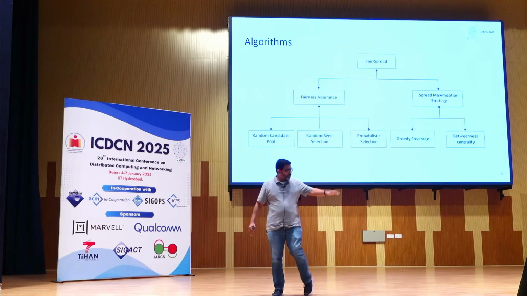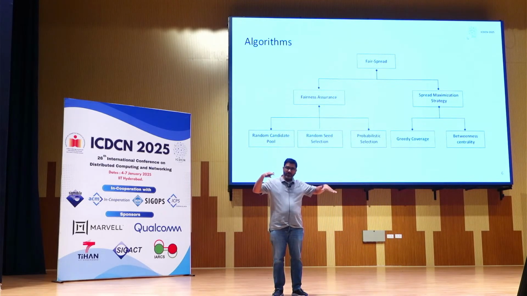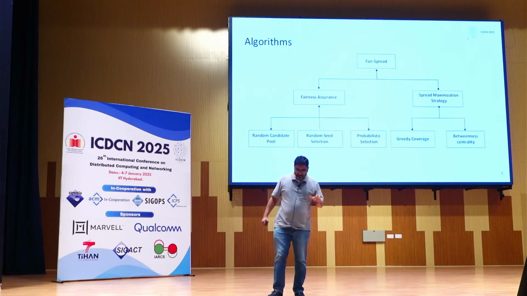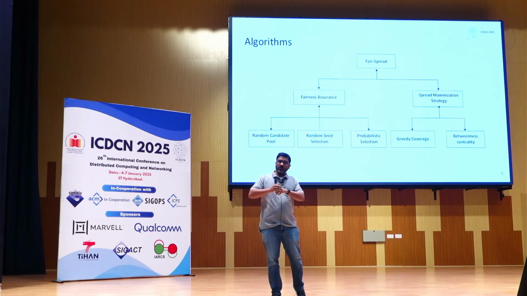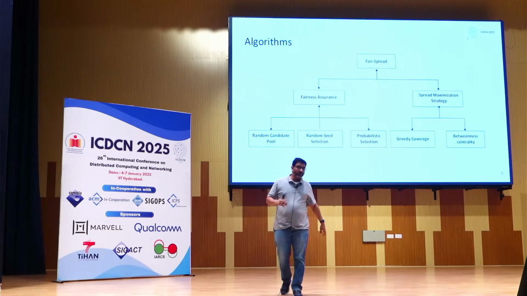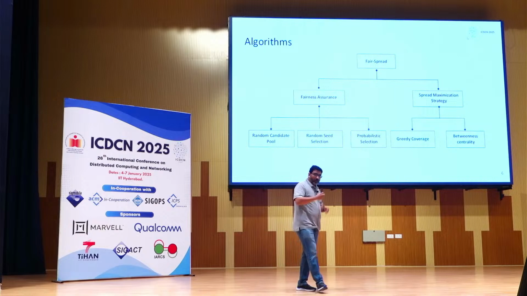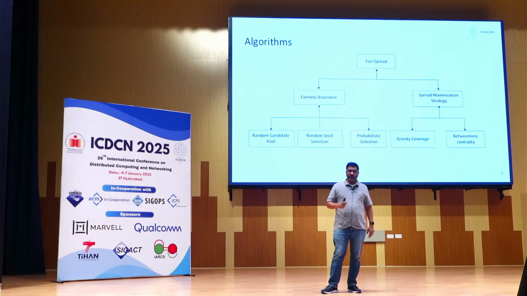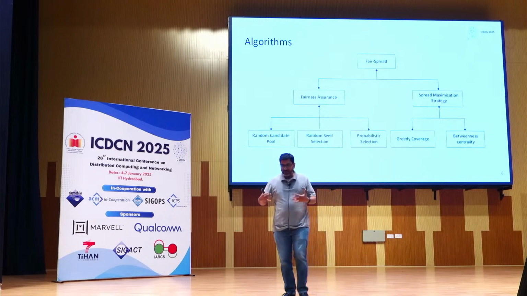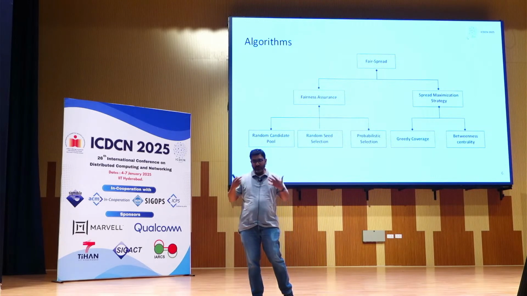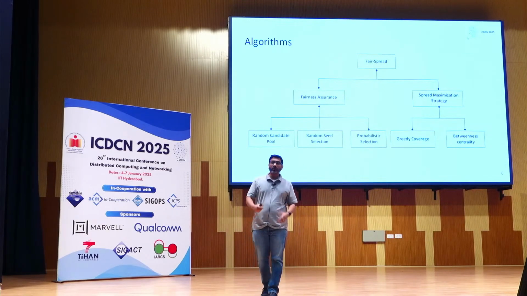Our main approach was to have some fairness-based heuristics and some spread maximization. So you want the jury to be selected so that it's well spread across the network, not concentrating on any one location. And we try to mix and match these two families of heuristics to generate heuristics that might be good for the jury selection problem.